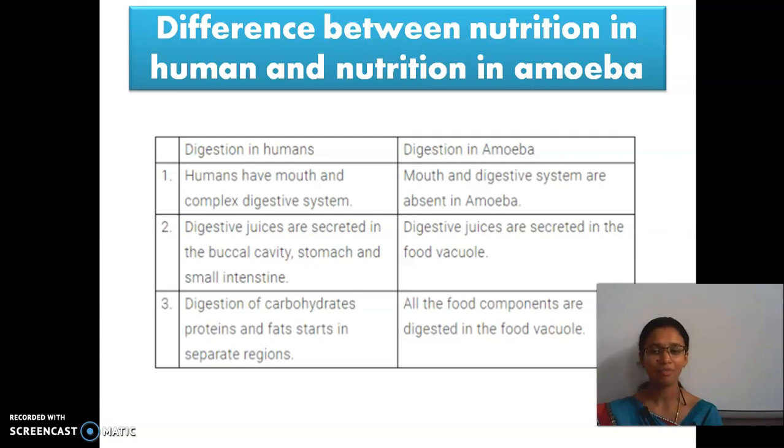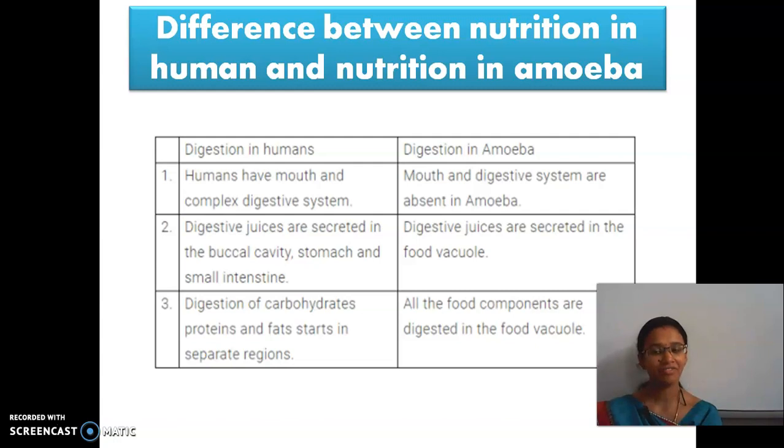And then the third point is that digestion of carbohydrates, proteins and fats starts in separate regions. For example, carbohydrates are digested by what? Carbohydrates are digested by bile. And fats are digested by intestinal juices, right? So here the digestion takes place in different regions, but in amoeba all the food components are digested in the food vacuole, only one part.